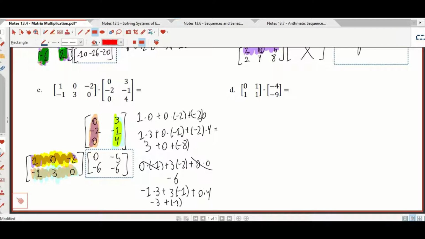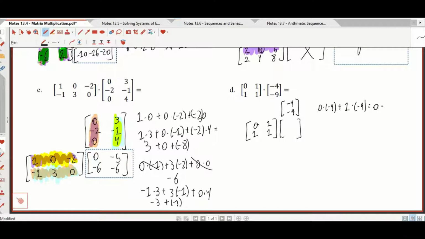Phew. This one should work too, because each of these rows has 2 and each column has 2. So you go 0, 1, 1, 1, and negative 4, negative 9. 0 times negative 4 plus 1 times negative 9 is 0 plus negative 9, which is negative 9.